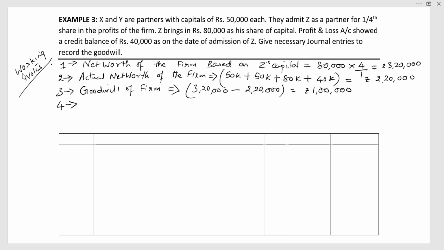The final step, Z's share of goodwill: ₹1 lakh, which is the goodwill of the firm, multiplied by Z's share in profits, 1 divided by 4, equals rupees 25,000.